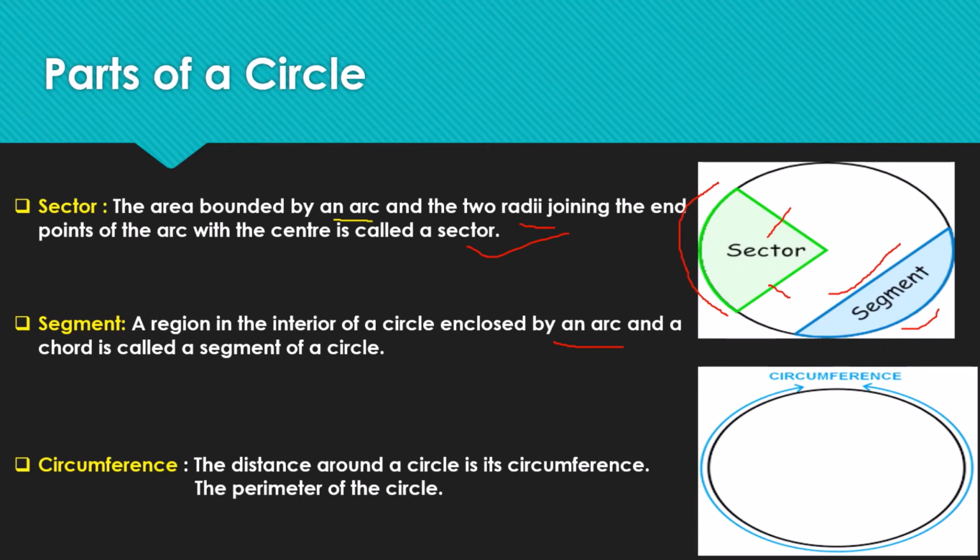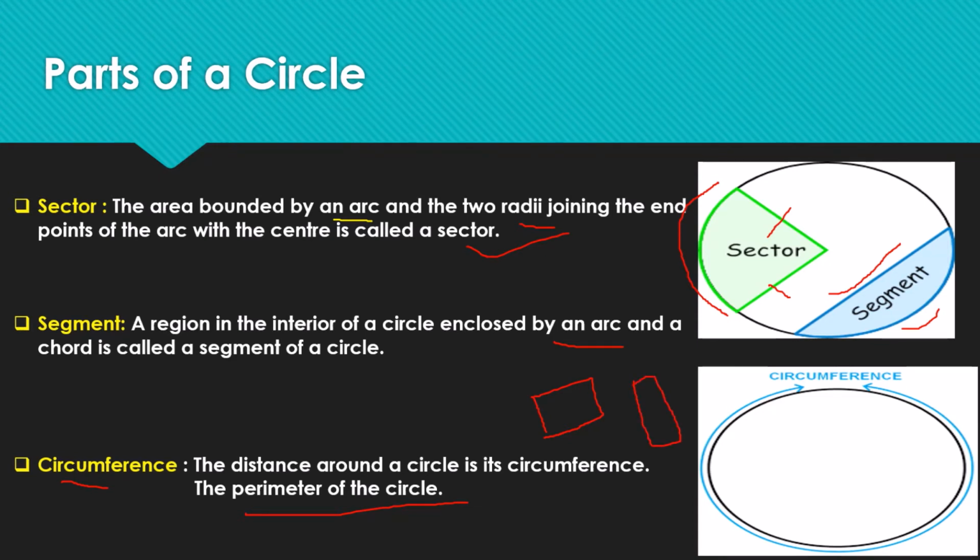Next is circumference. Very simple. The circumference is the distance around the circle, meaning the boundary of the circle is called the circumference. You can also say the perimeter of the circle. In other shapes we have studied, like square and rectangle, there is a perimeter.